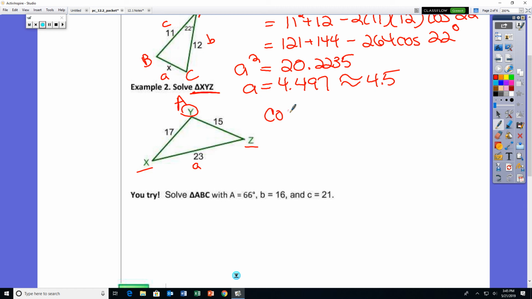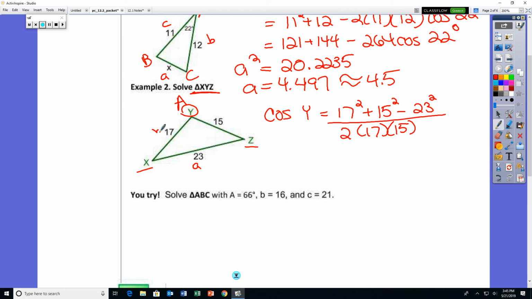So if I'm looking for the cosine of y, that would be 17 squared plus 15 squared, because this is essentially b and c right here, minus 23 squared, all over 2 times 17 times 15.